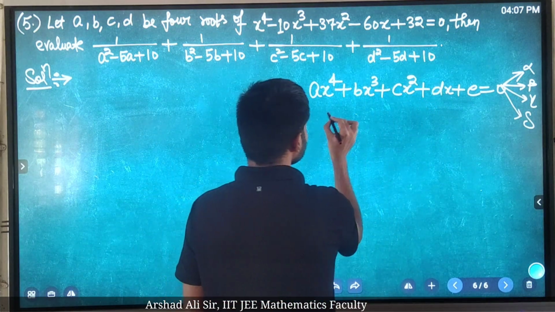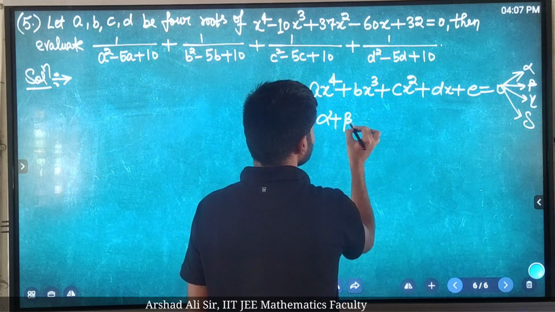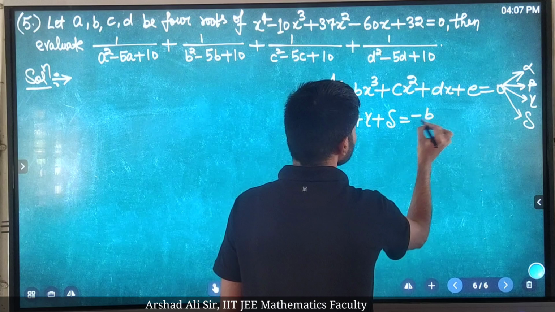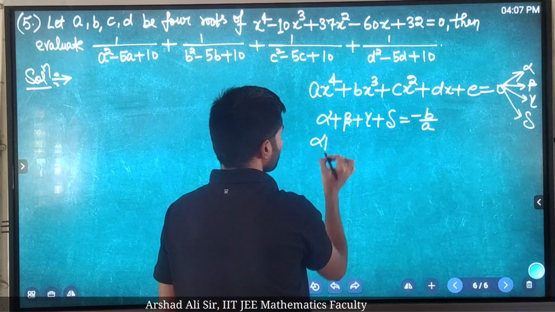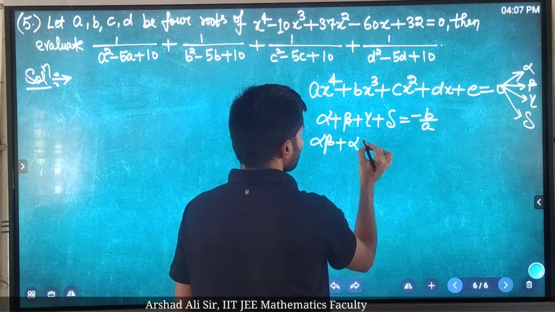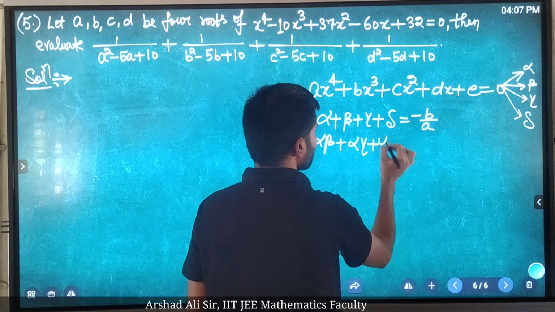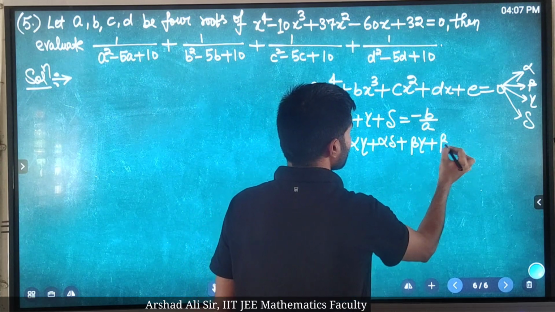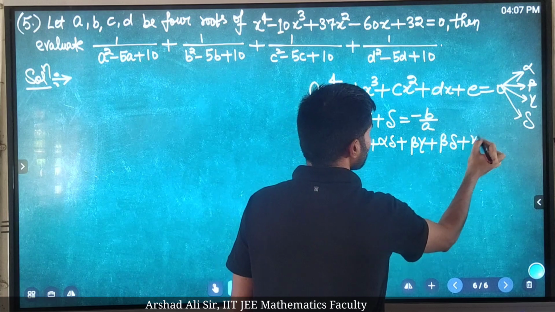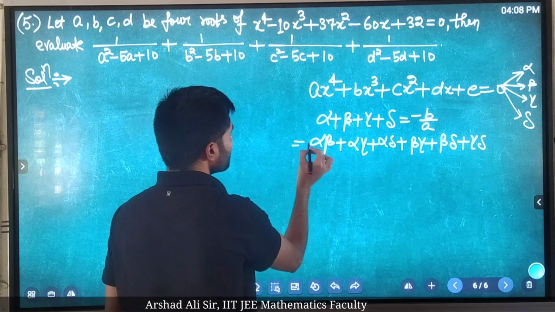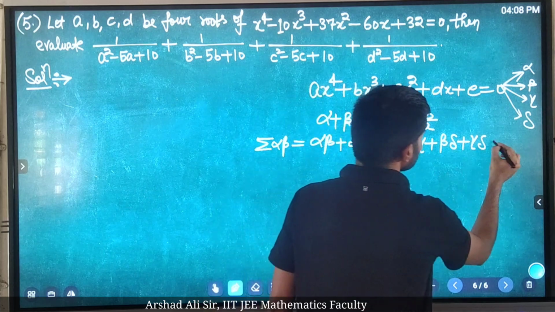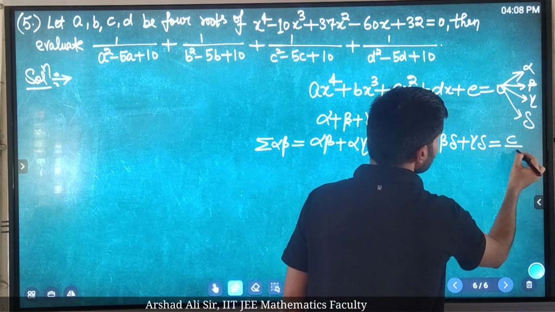Do you know what the value of alpha plus beta plus gamma plus delta is? It will be equal to minus b by a. And alpha beta plus alpha gamma plus alpha delta plus beta gamma plus beta delta plus gamma delta, in short the summation of alpha beta, will be c by a.